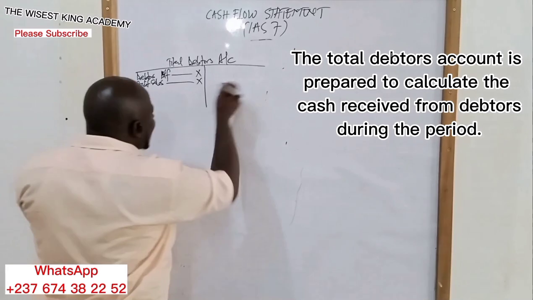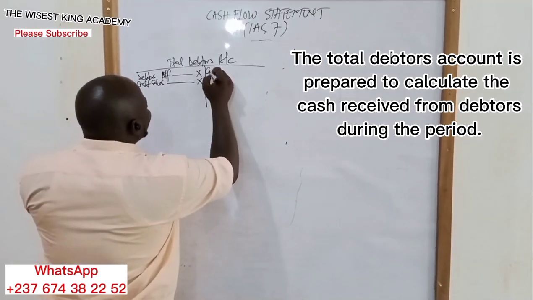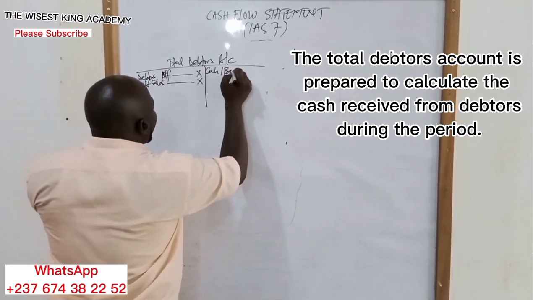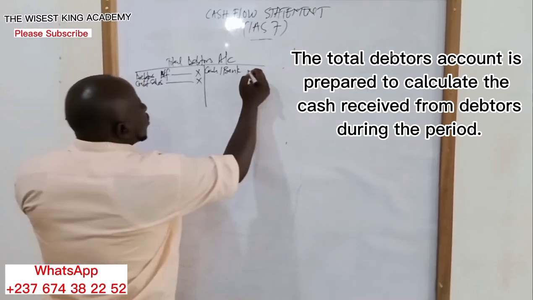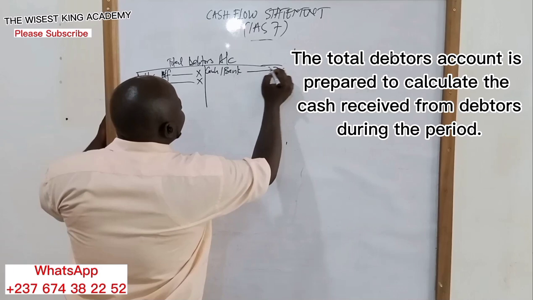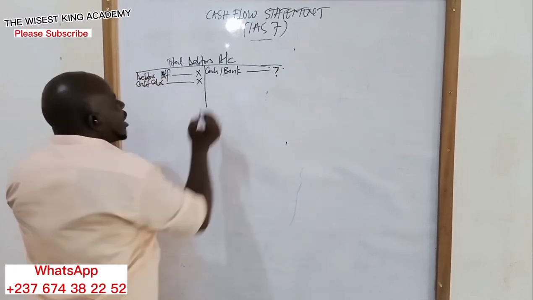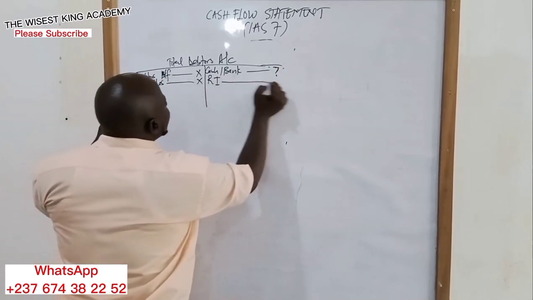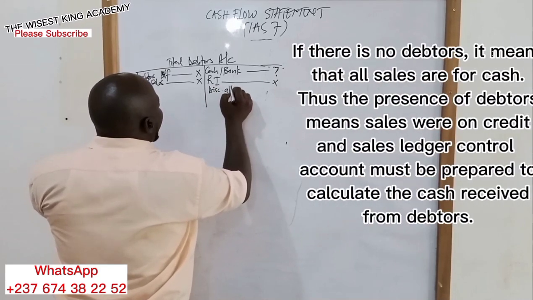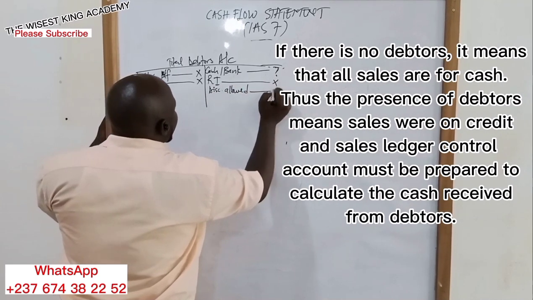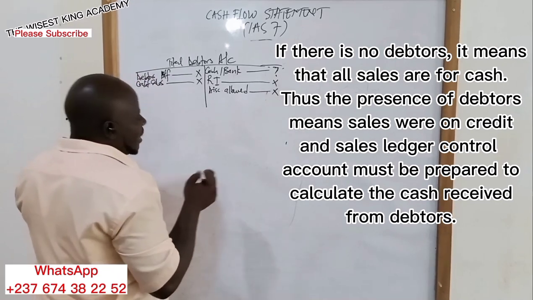Now, here we have cash or bank. Cash received or check received from debtors. This is what we are looking for. Another thing to have here is returns inwards, discounts allowed. Are we together? Discounts allowed.